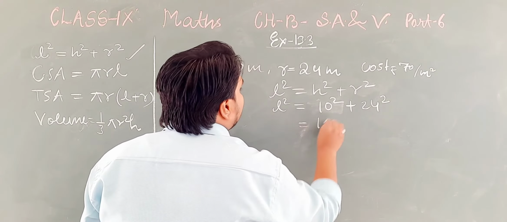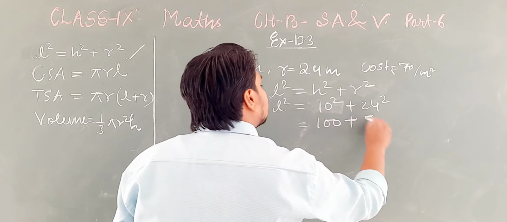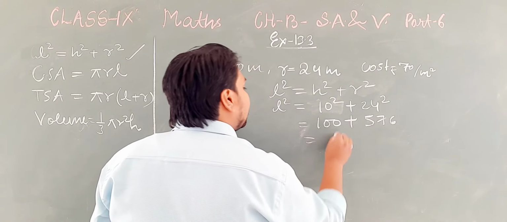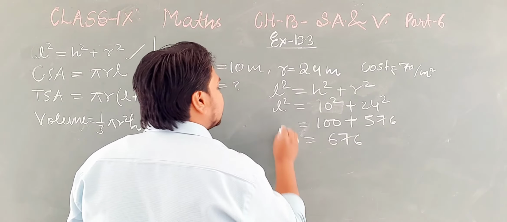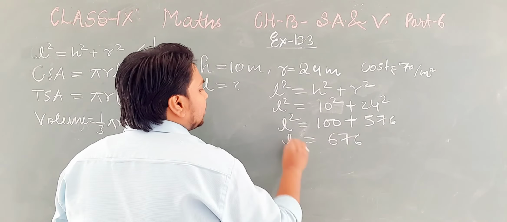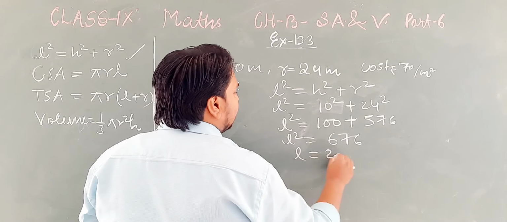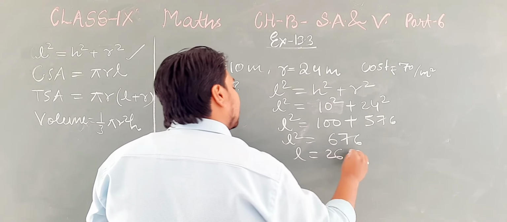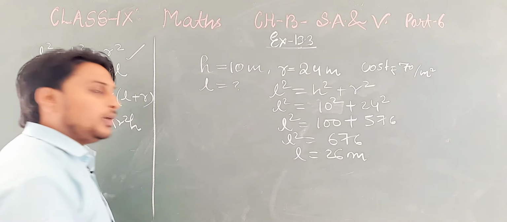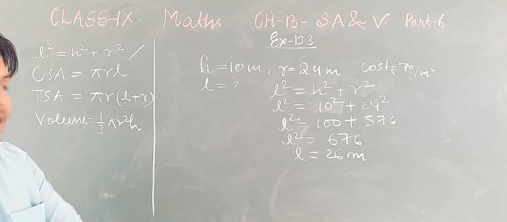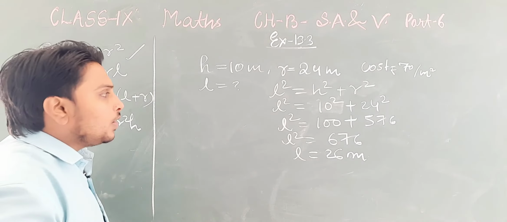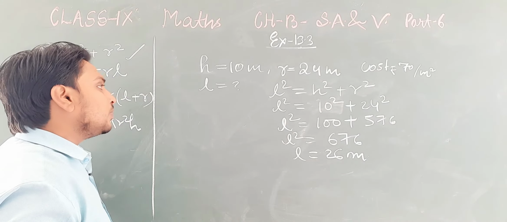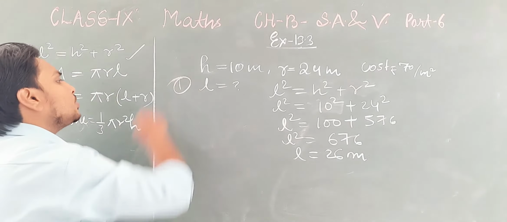So it will be 100 and 24 square is 576. When you add these two, you will get 676. So L square is 676. So L will be the square root of 676, which is 26. So the slant height will be 26 meter. Slant height is 26 meter. So this is the answer of the first part of the question.